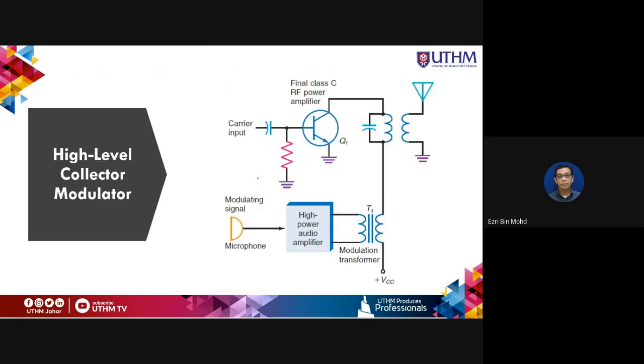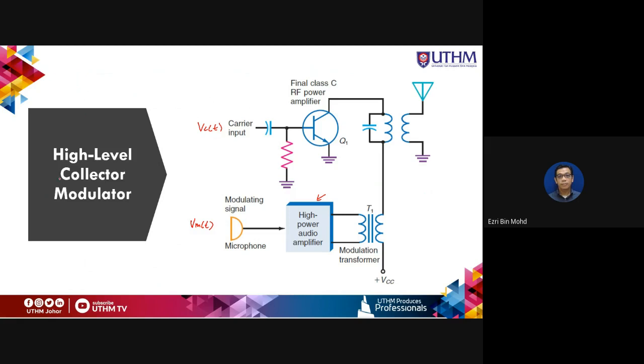For example here, it's our voice or VMT, the information signal, and then here is the carrier. Our modulating signal is amplified by this device, a gain or amplifier, a high power audio amplifier, and then it will modulate the carrier which is supplied by this transistor.